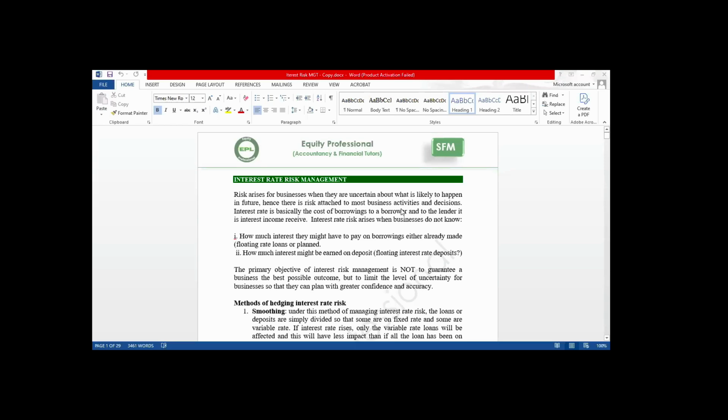We now explained methods of hedging interest rate risk. We explained smoothing, pooling of assets and liabilities.